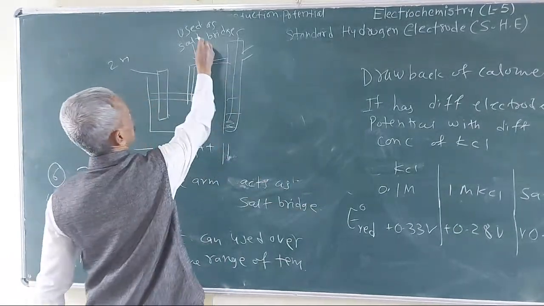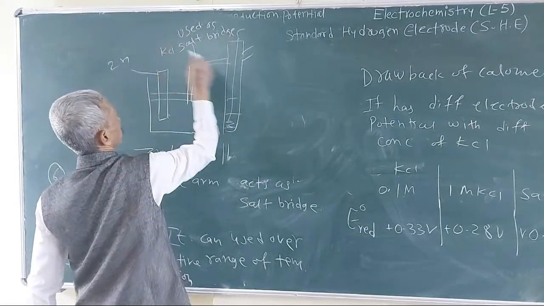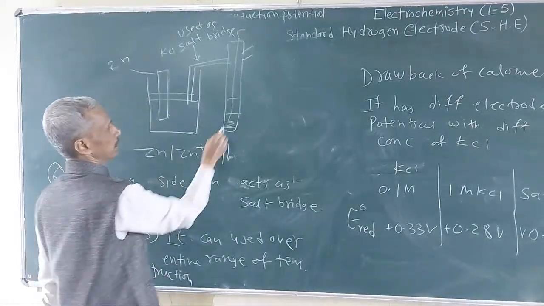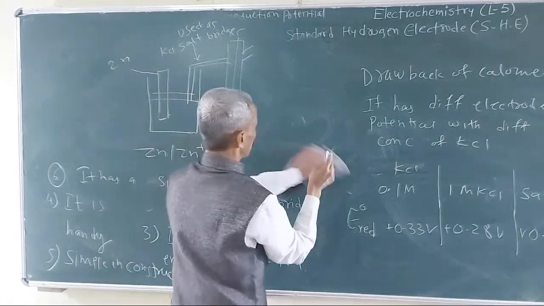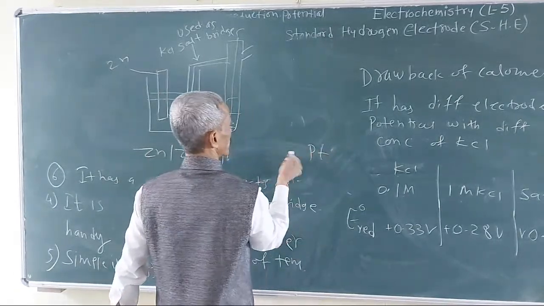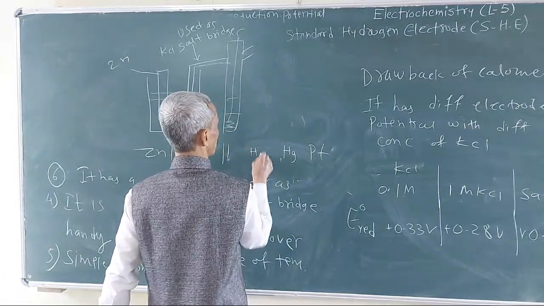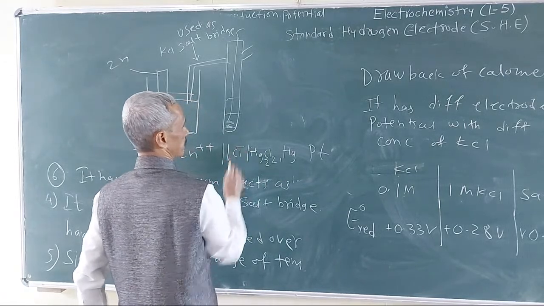So here there is a salt bridge, of course the KCl salt bridge. This cell can be represented as follows: this is the calomel, with platinum in contact with mercury, in contact with mercurous chloride, and in contact with Cl minus.